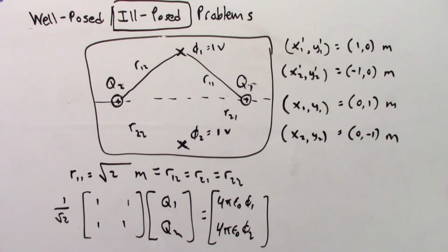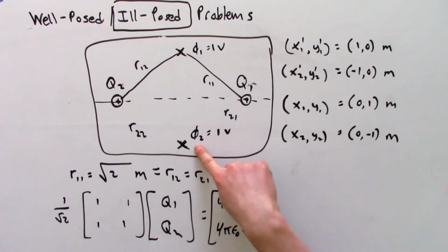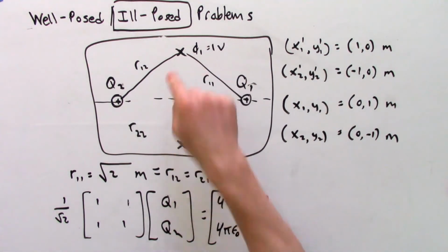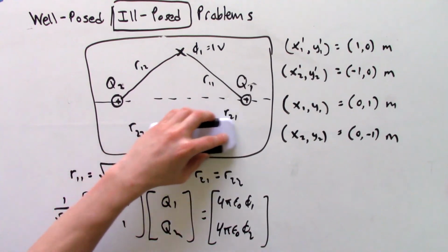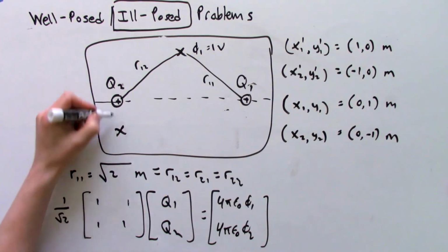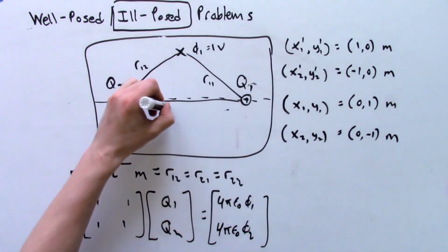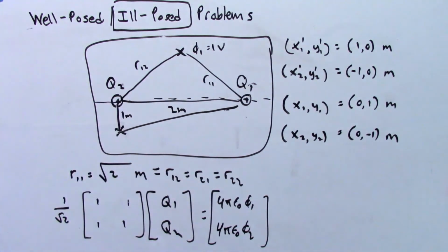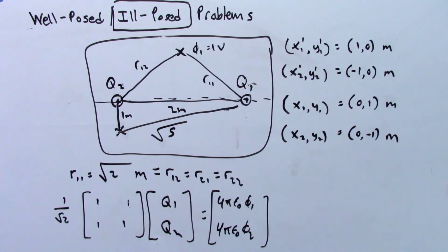The only way to get around this is that this second observation sample has to be moved somewhere different from that sample up there. So, for example, instead of having it here, what if I just moved it off to the left like this? Now what will happen is this matrix will change. Say this is 1 meter like so, and this is 2 meters here, then this distance from here to here would be the square root of 1 plus 4, or 5.